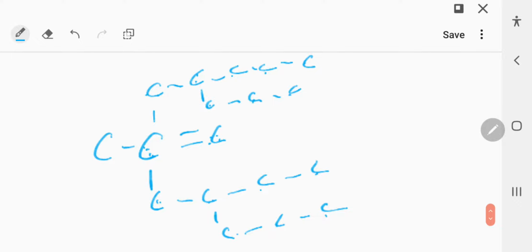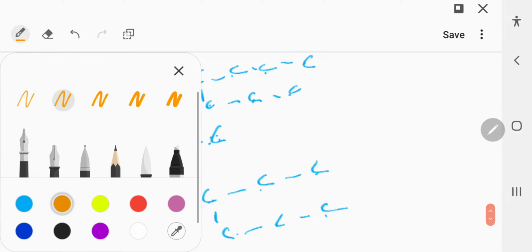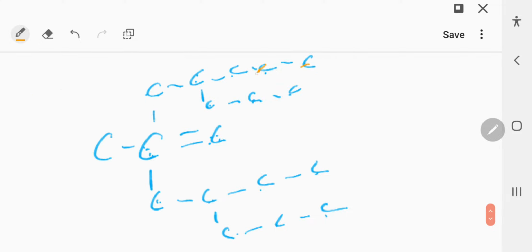So can we take this chain, for example? What about this one here? 1, 2, 3, 4, 5, 6, 7, 8, 9, 10. Here we have the longest chain, but we can't take it because it does not contain the double bond. So the double bond must exist in the longest chain. So 1, 2, 3, and 4. This is the longest chain, for example.